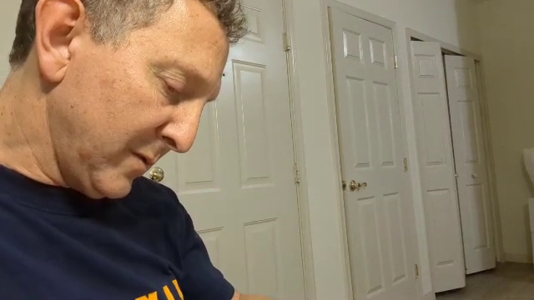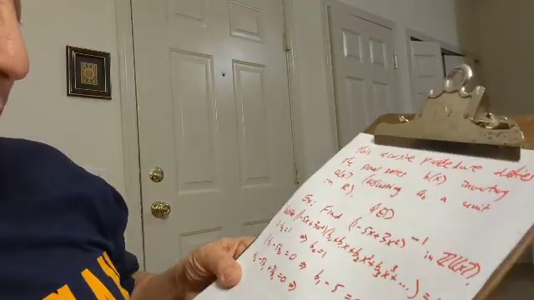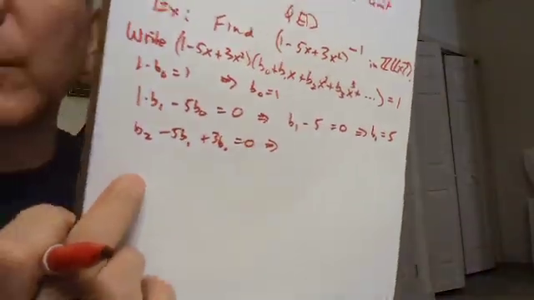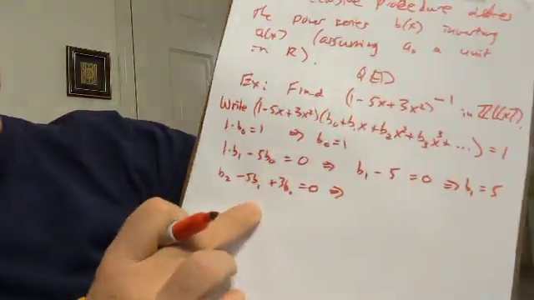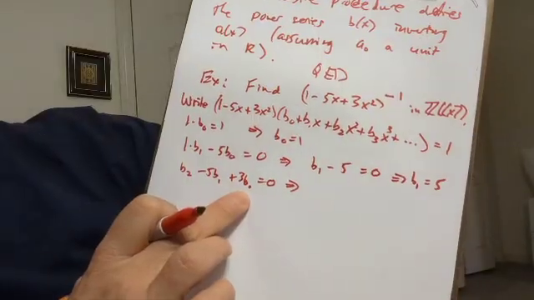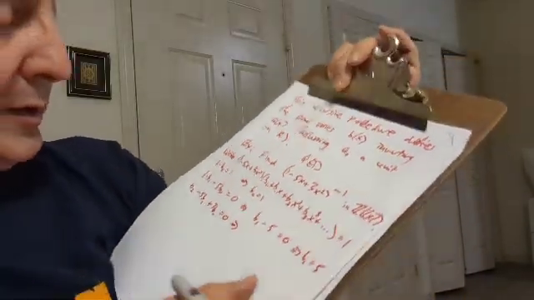B naught is just 1. Actually, b1 we know also. So the equation we have here is b2 minus 5b1 plus 3b0 equals 0. To shorten that, we've got b2 minus 5b1. b1 we said is 5, so minus 25 plus 3b0, which we said is 1, plus 3 equals 0.